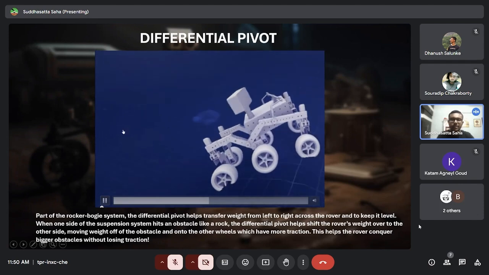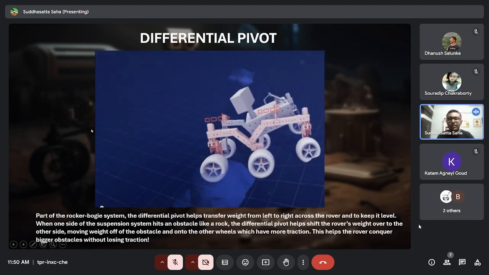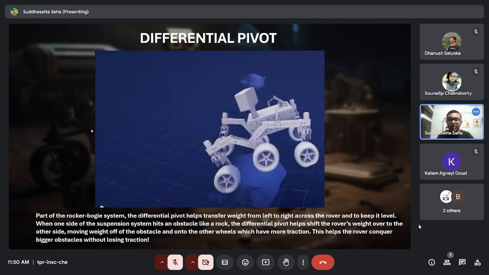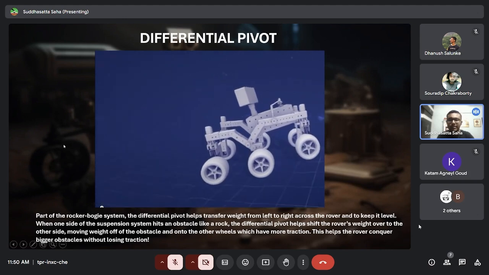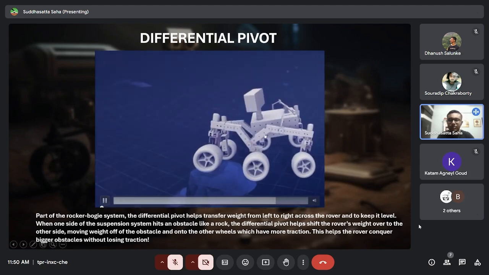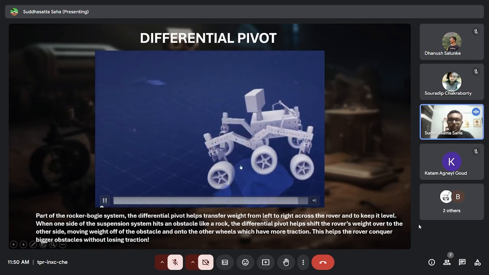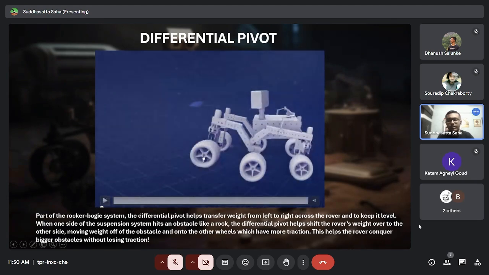So the differential pivot is basically transferring the weight of the obstacle to the side which already has good traction. That ensures a more stable locomotion of the rover, and makes both the rocker bogie sides move in sync. Otherwise the rover would face a lot of difficulties, and it would probably topple.